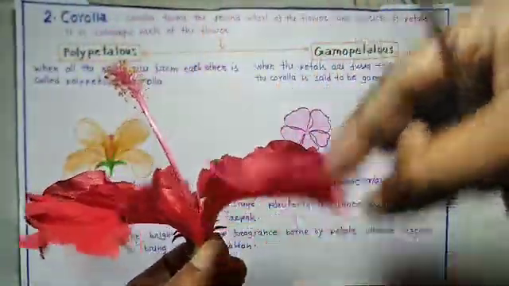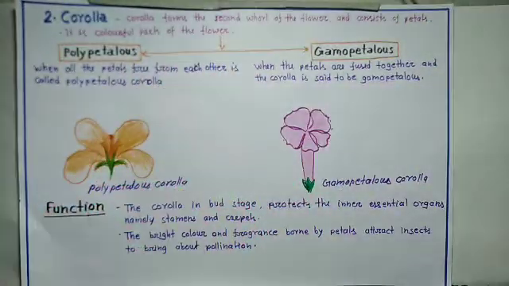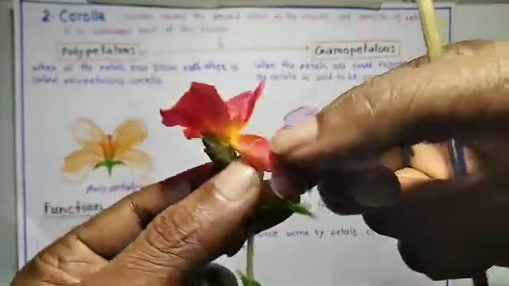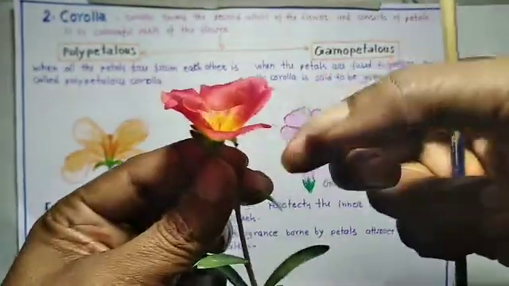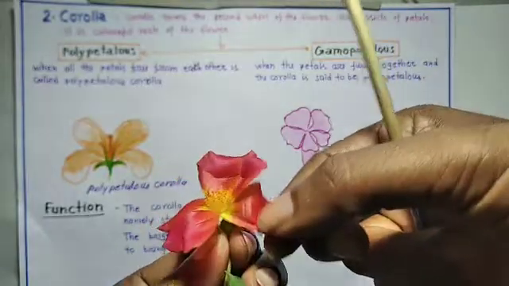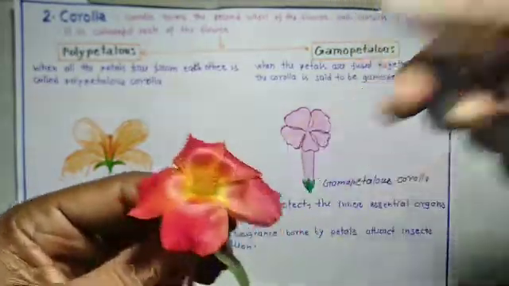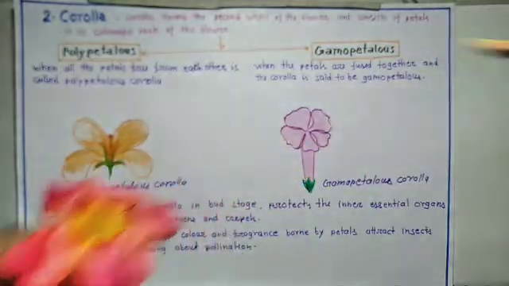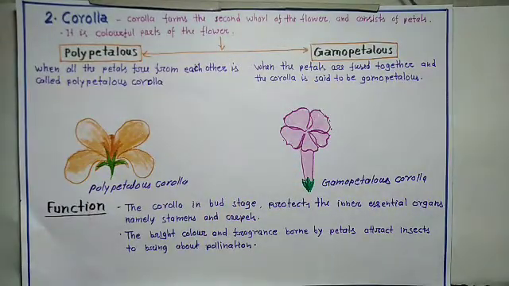So this is called polypetalous corolla. In another example, this is a polypetalous corolla because it is free from each other. This is free also. All the petals are free from each other, so these are all called polypetalous corolla.